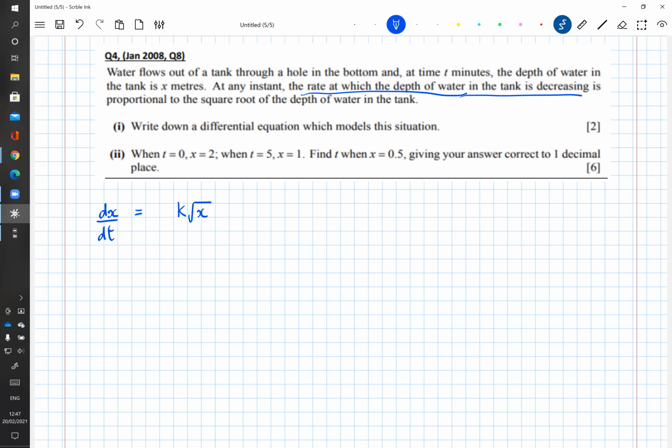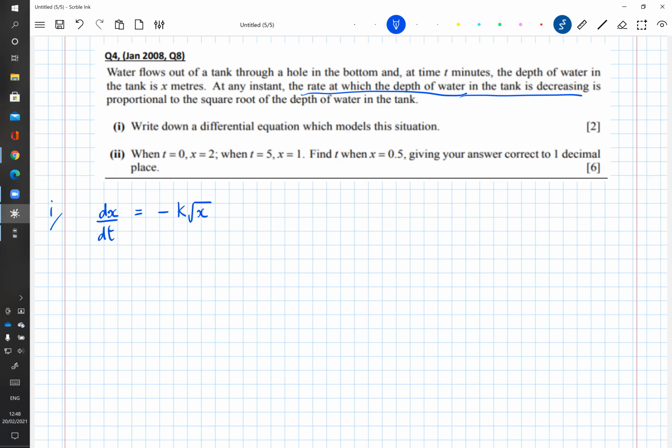I'd just get a negative value for k. But now I'm going to get a positive value for k, which the minus sign then makes negative. So the negative isn't necessary, but it's just a good thing to do if it says that it's decreasing. And I've accidentally answered part 1 as well. In writing down that information, I've accidentally answered part 1.